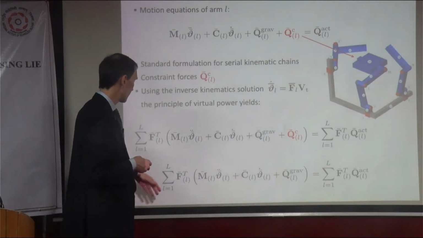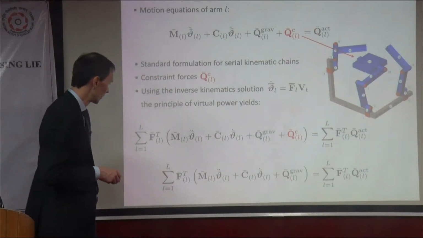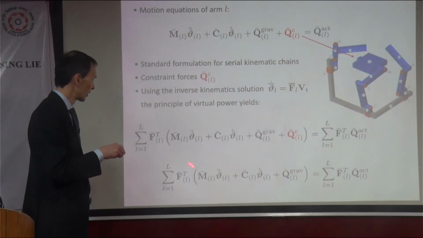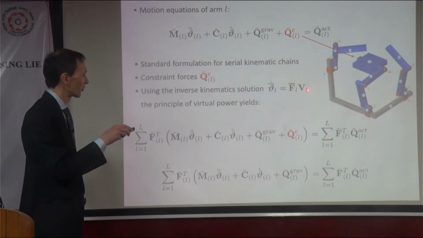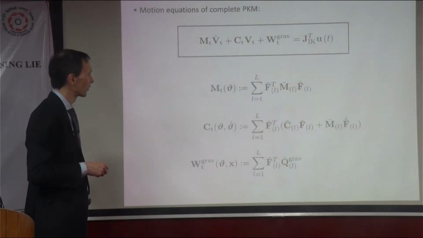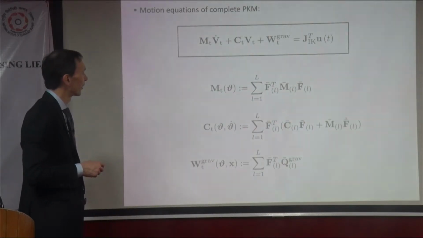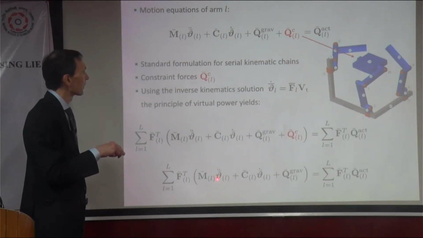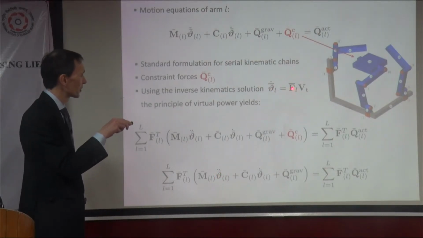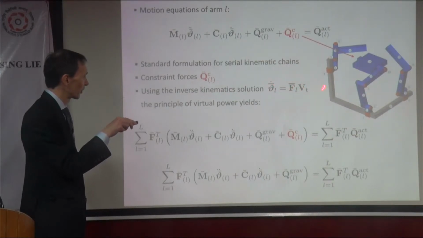So you have to sum up these equations for all the limbs, multiplied with this F matrix that transforms task velocities to the joint velocities. Again we have the q dot and theta dot and double dot in here. You replace them using this equation, so you plug in, for example, this term here and the time derivative of this in here.